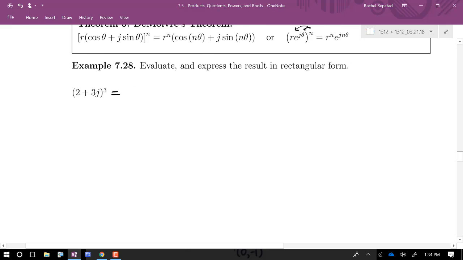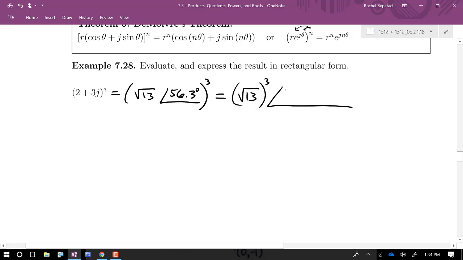So 2 plus 3j is root 13 at an angle of 56.3 degrees, and we're cubing it. So de Moivre's theorem says we're going to take the root 13 and cube it, and then multiply the angle by 3.